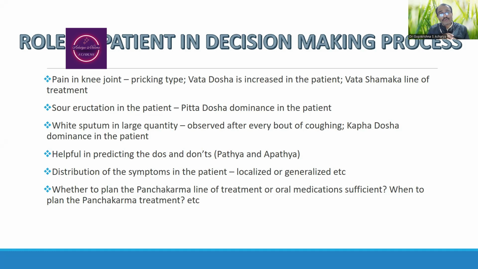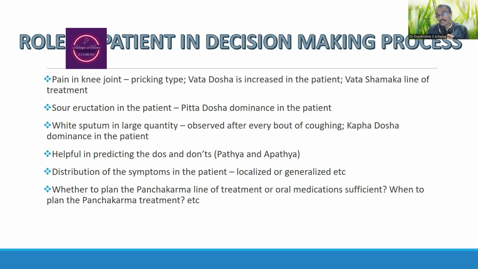Suppose the person has sore irritation in the throat, which is indicative of pitta dosha increase, specifically seen in the alimentary canal. That means you have to give the line of treatment specifically concentrating on the pitta dosha prakopa.